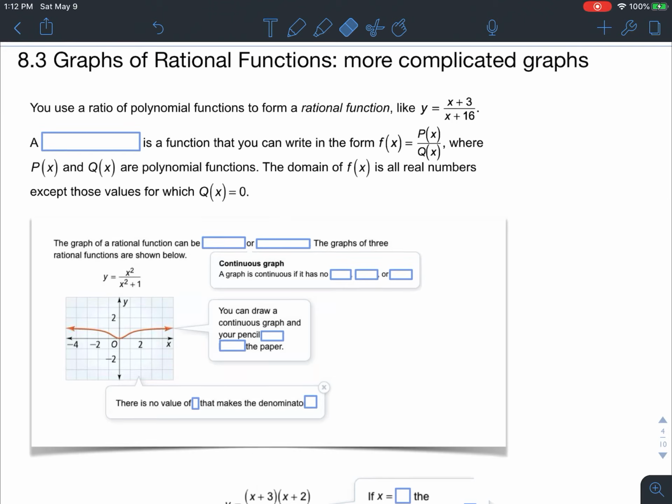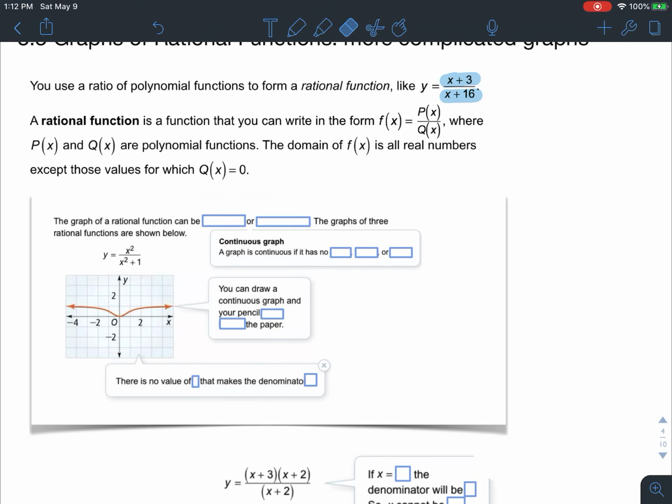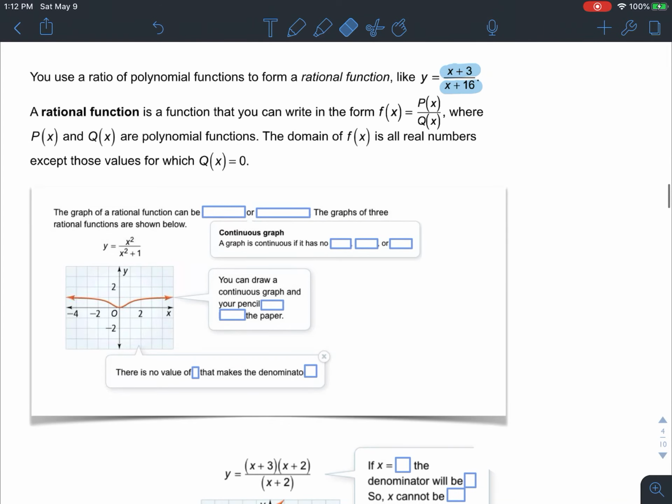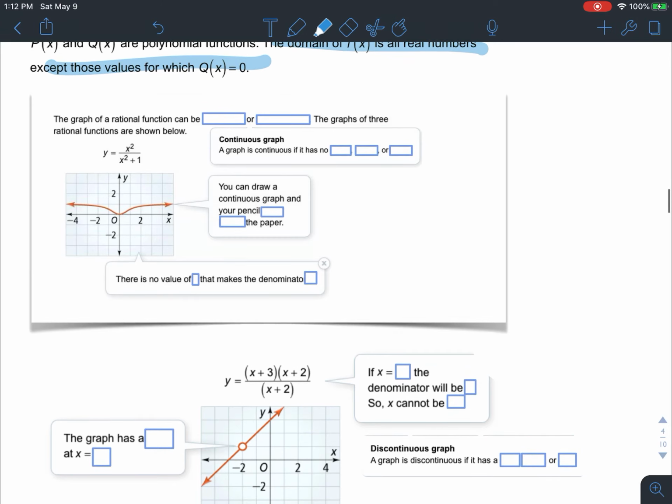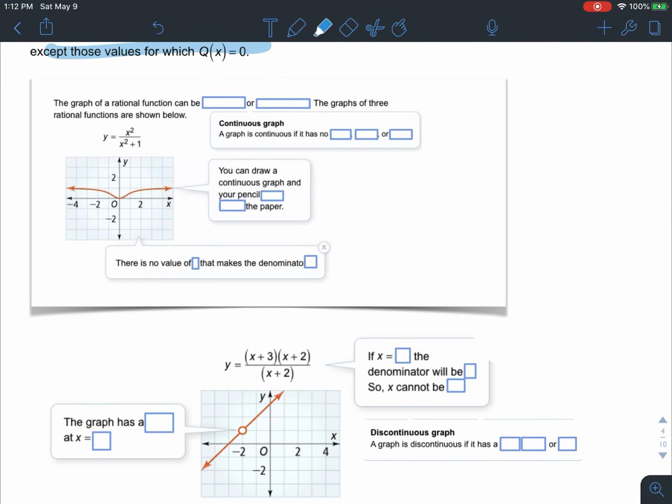Okay. So the graphs of other rational functions is any sort of fraction that has polynomials on the top and the bottom. So that's what that P and Q stuff means. The bottom can't be 0. That's all that's saying. The first thing I want to talk about is what's called continuity.